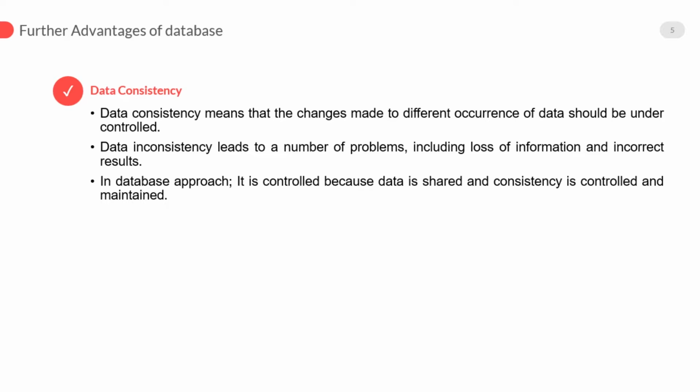Consistency in a database states that any data written in the database must be valid according to predefined rules. If a data transaction has inconsistent data, the entire transaction is not acceptable and an error is returned to the user. In the database approach, it is controlled because data is shared and consistency is controlled and maintained.